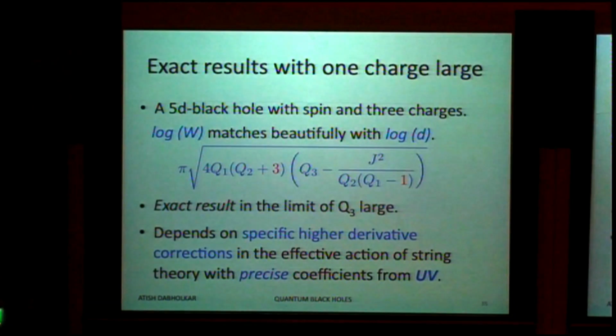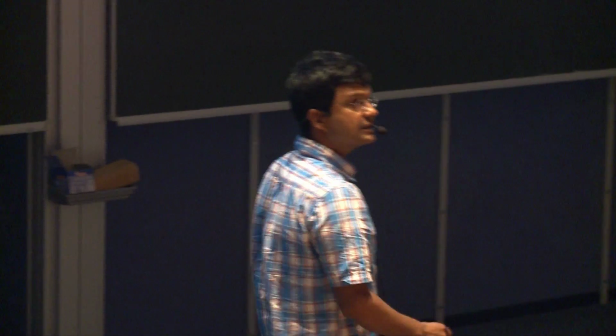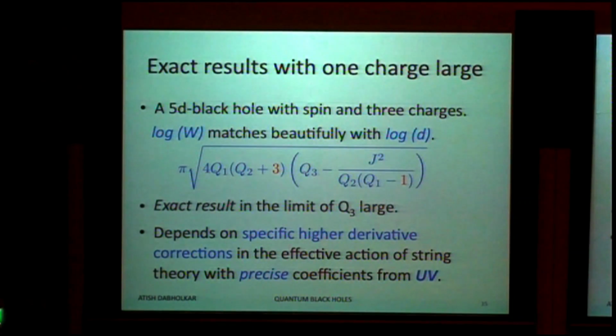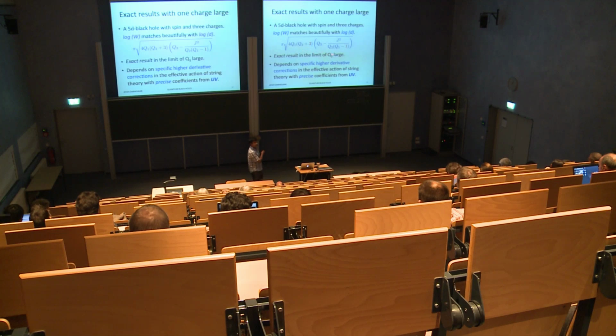What you find is that if you calculate log of W from totally different methods using the geometry of these black holes, you get remarkably exactly the same answer, including the 3s and the 1s. So these are really finite size, finite charge corrections. The point is that we can be sure of our calculational methods, to really bet on it, that this number is 3 and not 2.1 or something like that.